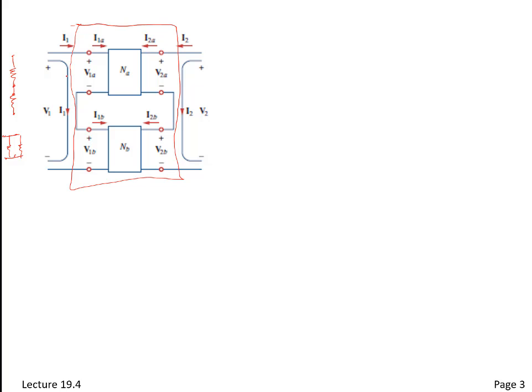Here's V1 and I1. Actually, I probably should have drawn the box over here. And the same thing with this. This is I2 over here, right? So somehow that's your resulting two-port network.